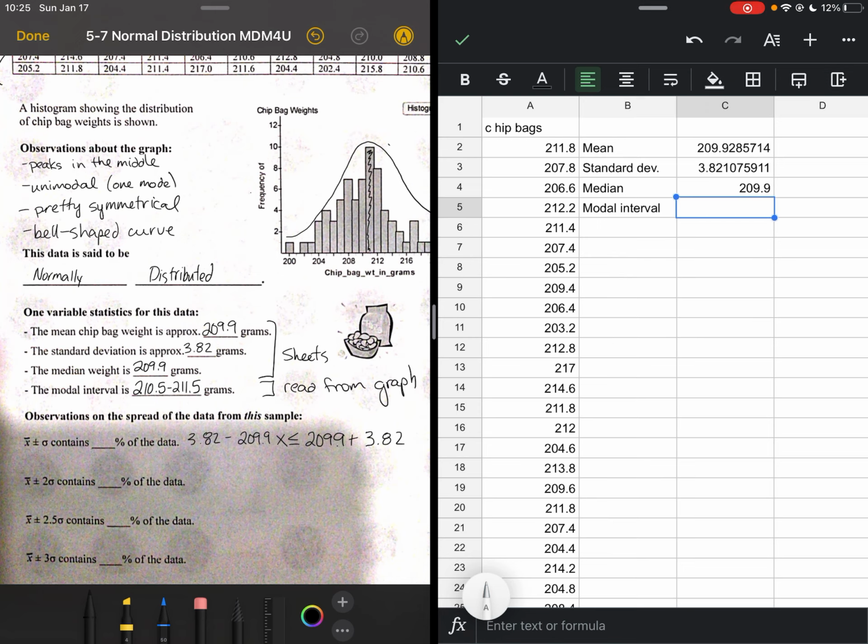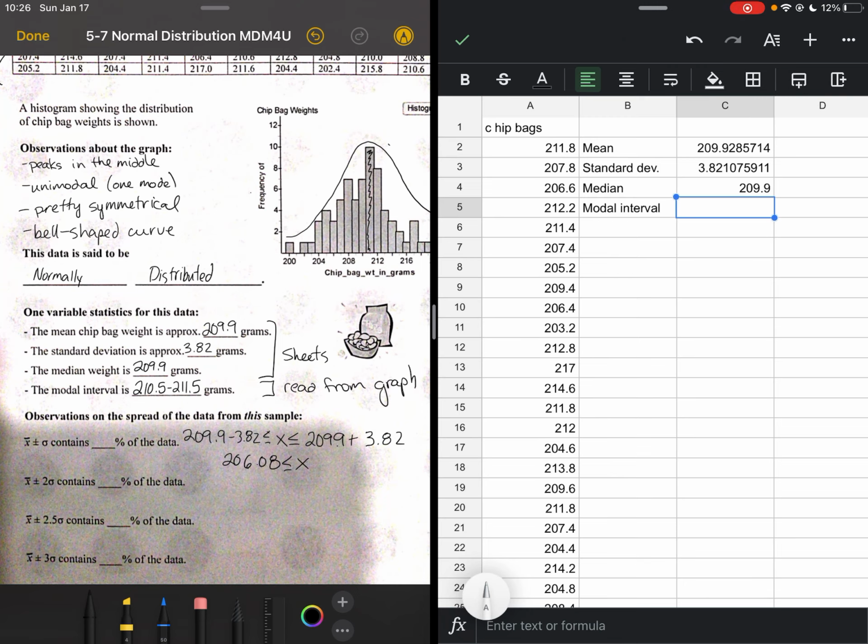So that means that on the left-hand side, my range is going to be 209.9 minus 3.82, which is going to give me 206.08. Let me rewrite that so it's more mathematically accurate. So on this side, I've got 209.9 take away 3.82, and that's going to be less than or equal to X.